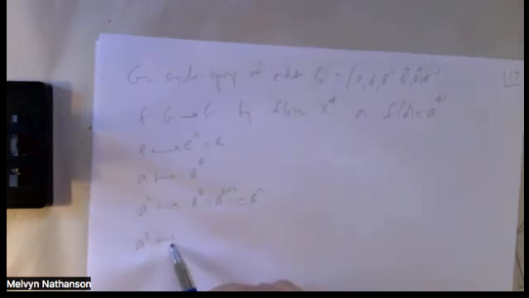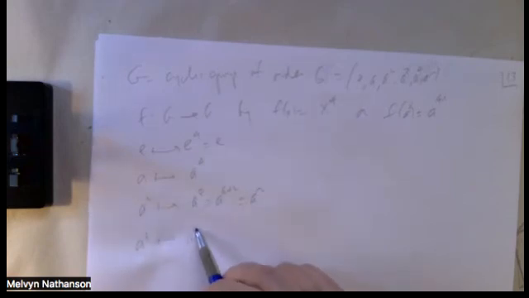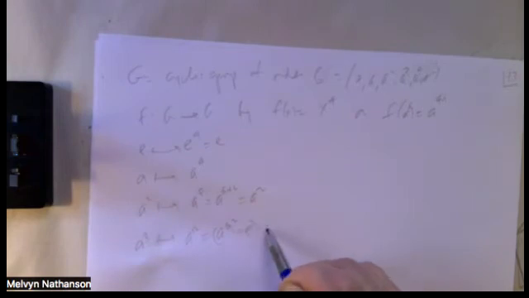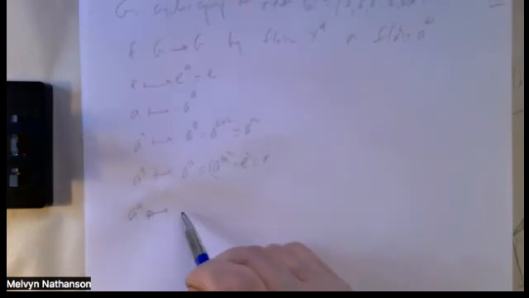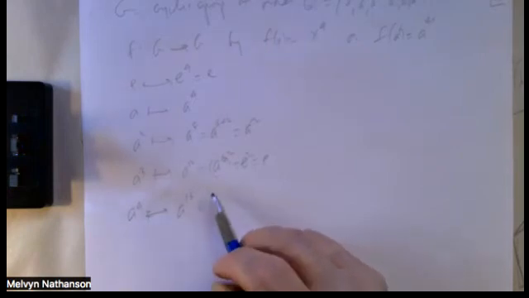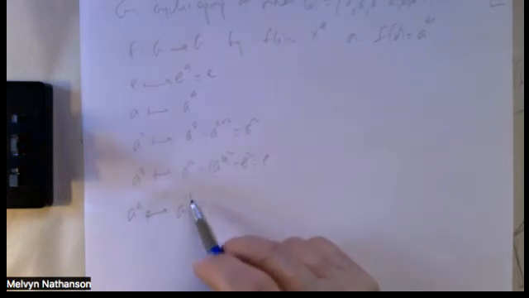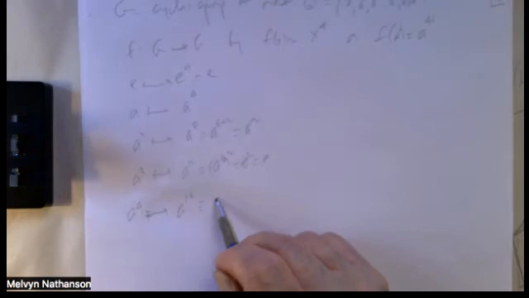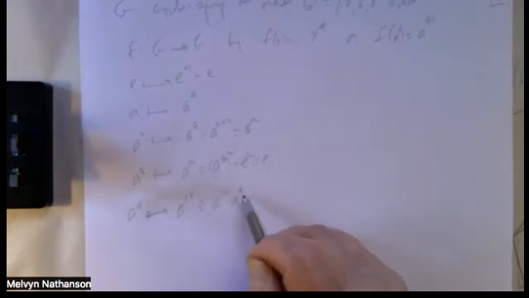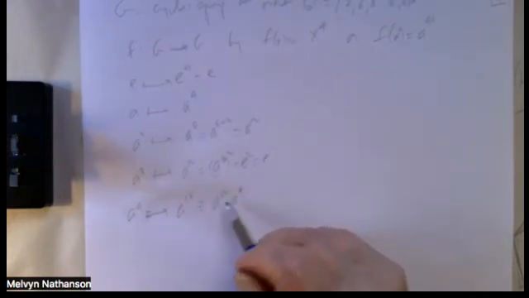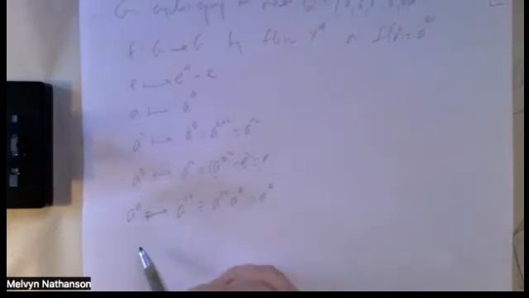A cubed goes to A to the 12th, which is A to the 6 squared, which is E. A to the 4th goes to A to the 16th, which is A to the 12th times A to the 4th, and that's A to the 4th.